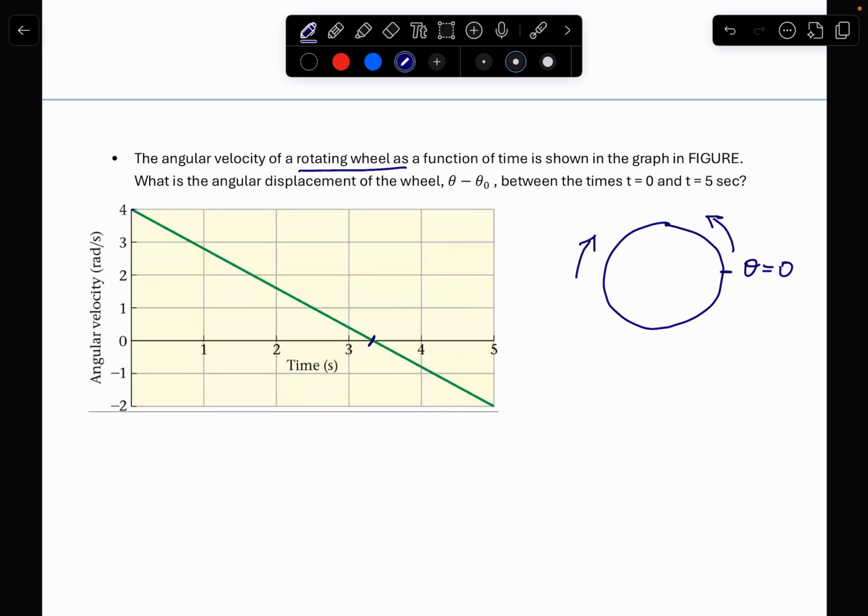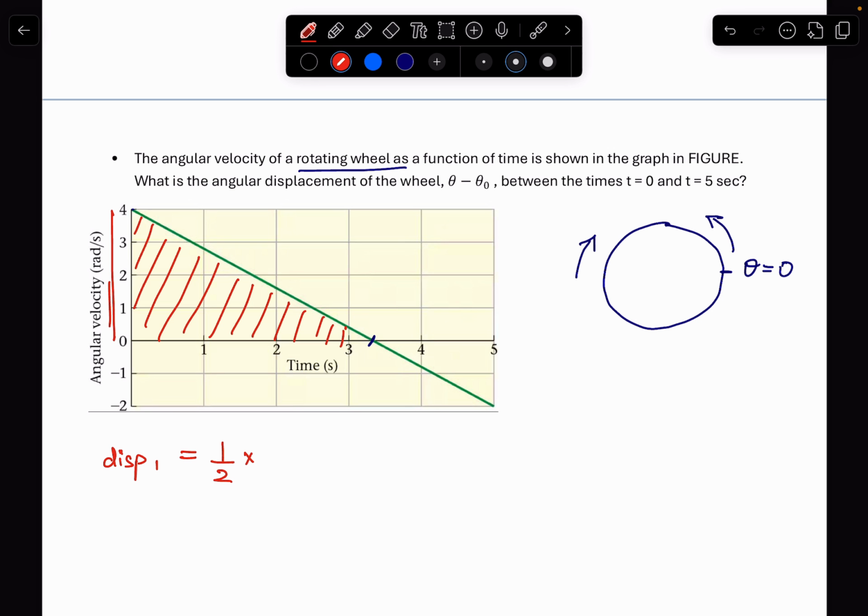So let's do it this way. Displacement is the area under the curve because this is velocity. So displacement 1 is equal to half times the height of the triangle, which is 4, and the base of the triangle, which I don't exactly know.